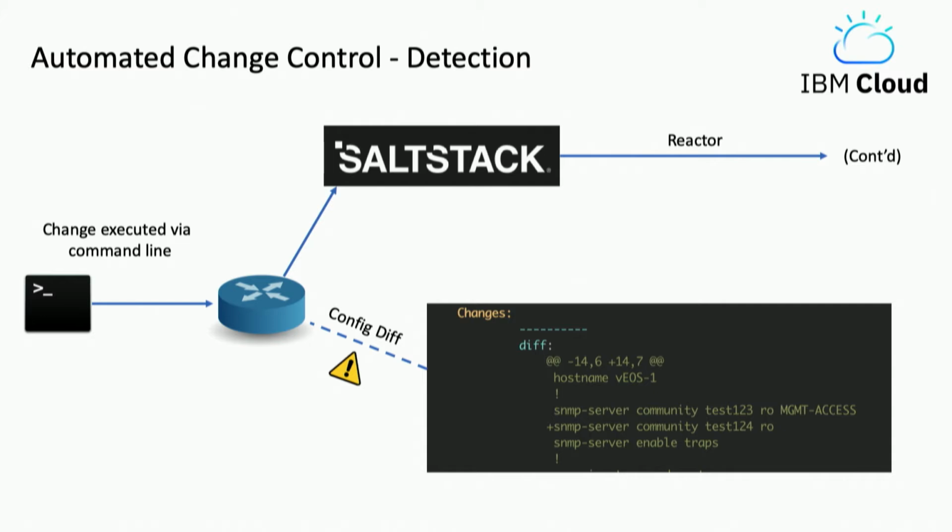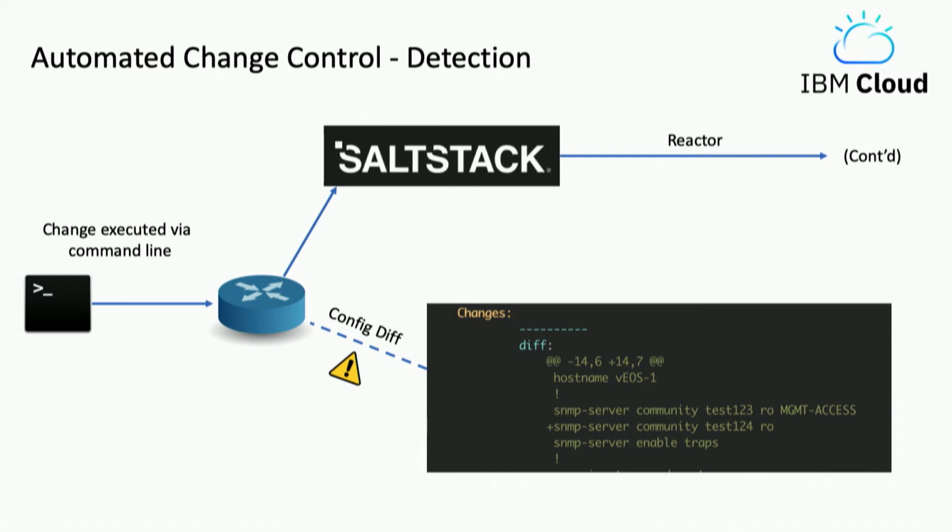But keep in mind, on that screen where we had all those compliance programs, they require you to monitor all change in the environment. So what we can do is leverage Salt to watch your configurations for change. And you see here we have an example of someone who made a change outside of our change control system.